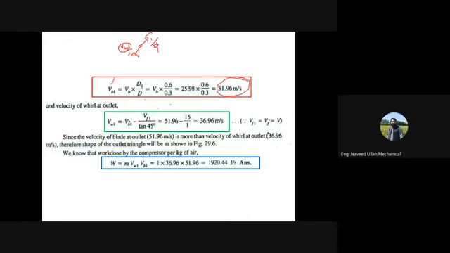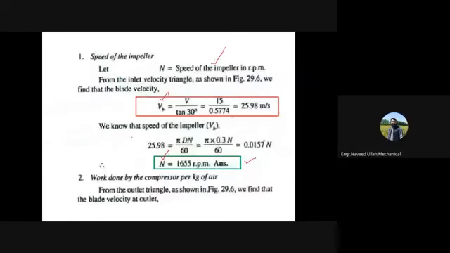And velocity of whirl at outlet from the same diagram, okay, because it is written here that the velocity of flow at outlet is equal to velocity of flow at inlet, and this is the absolute velocity which is given to you, that is 15 meter per second, right. So you can find out VW1 from this same diagram. Where is that VW1?